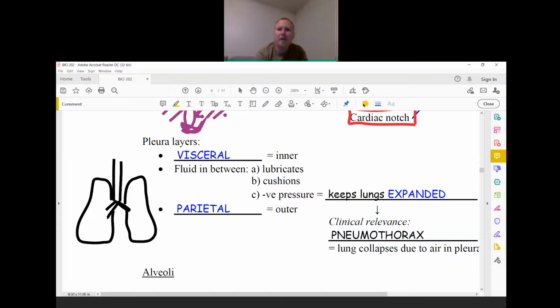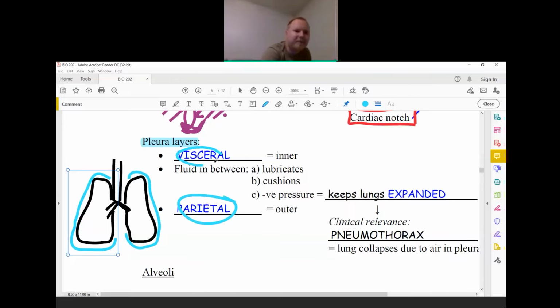And pleura is made of two layers and liquid that remains in between them. So we can add those layers onto our diagram here. And we have the inner visceral layer and the outer parietal layer that we notice there.